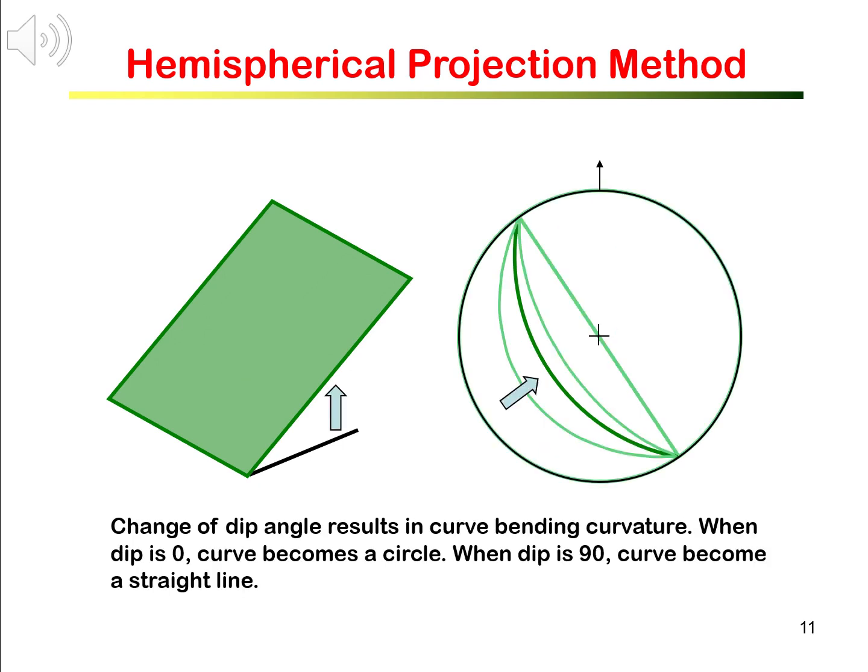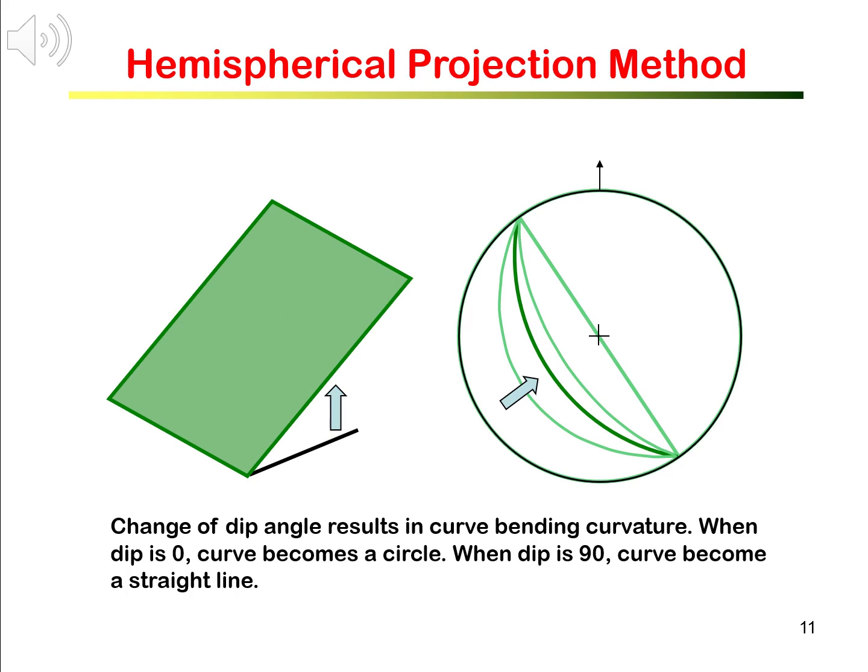What happens to the projection if you turn the plane vertically? That is, changing the dip angle. Well, we can work it out quickly. Remember, a vertical plane by projection is a diametrical line, and a horizontal plane by projection is a circle.